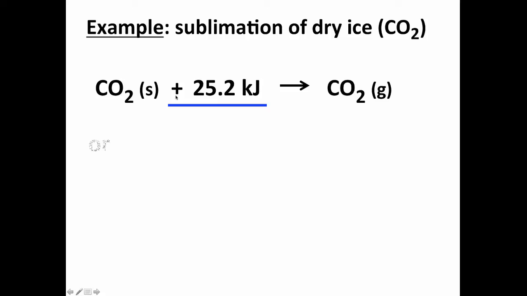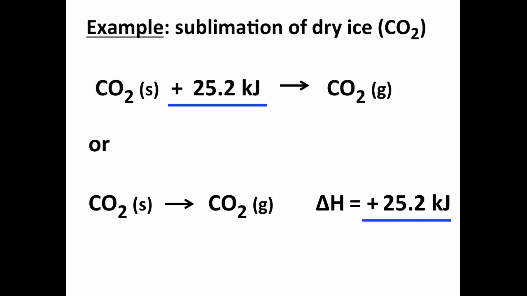And if we were to write this in the other form as a thermochemical equation, then we would write the reaction equation, or in this case physical process, CO2 solid makes CO2 gas, and then after that we write delta H equals 25.2 kilojoules. Here, because energy is taken in for the process to happen, that has a positive sign.